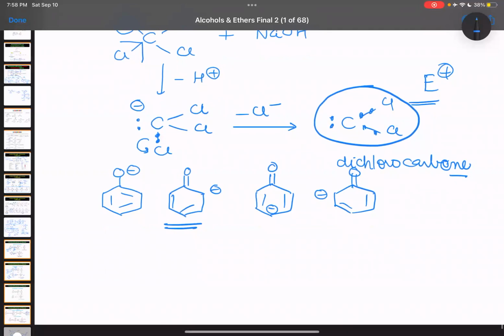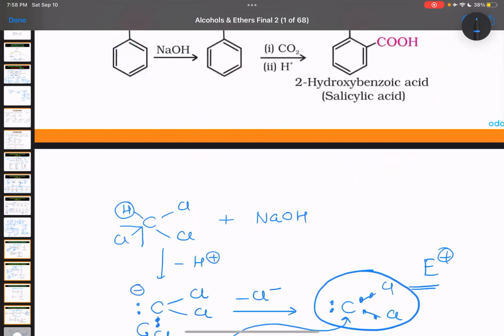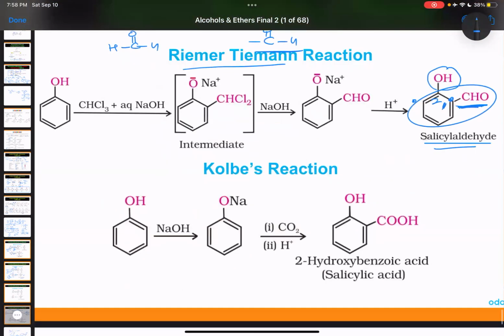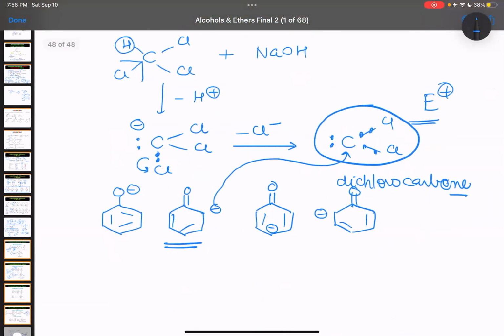So what will happen? This is going to give electrons to this, so there will be a give and take of electrons. Look here, if the electrons are given, what will you be left with? You will be left with this. There is an H already there, but it was not written. Now I am showing it because I need it for my reaction.